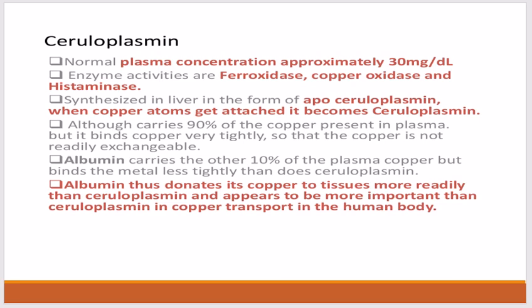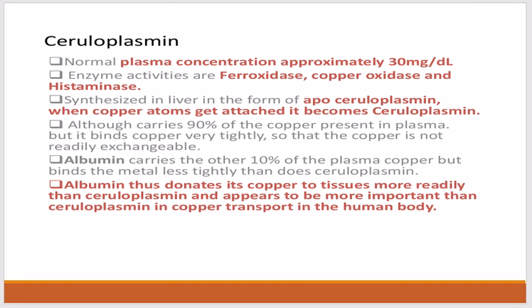Now, the second alpha 2 globulin is ceruloplasmin. The normal plasma concentration is approximately 30 milligrams per deciliter. The enzyme activities are ferroxidase, copper oxidase and histaminase.